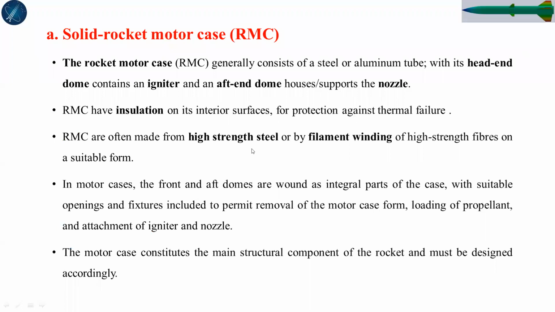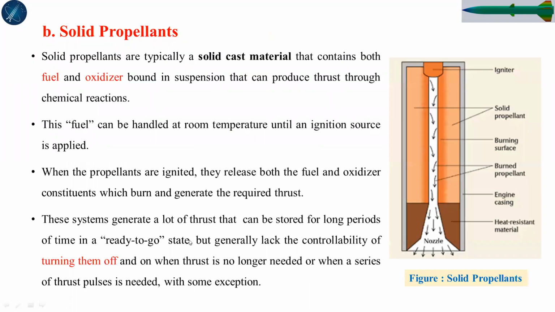In most cases, we can use maraging steel. Or they are made by filament winding of high strength fiber on a suitable form. If we are making a composite casing, then a filament wound casing is required. In the motor case, the front and aft domes are wound as an integral part of the case with suitable openings and fixtures.